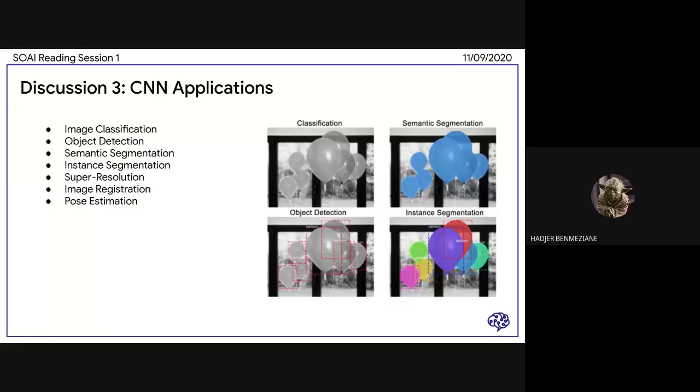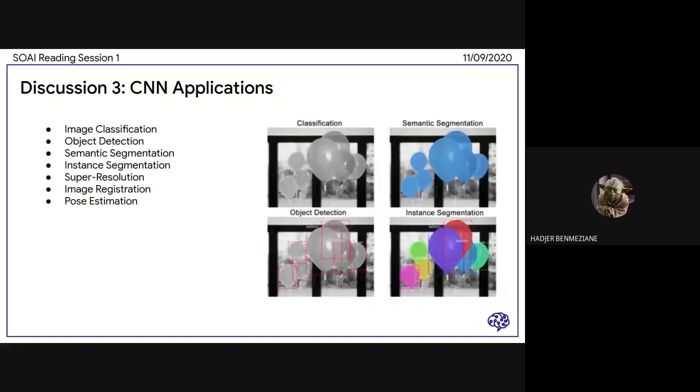So maybe someone would like to refresh our minds and tell us what the tasks of CNNs described in the paper are. Okay, maybe I should describe them myself. I hope you'll talk in the other discussions.